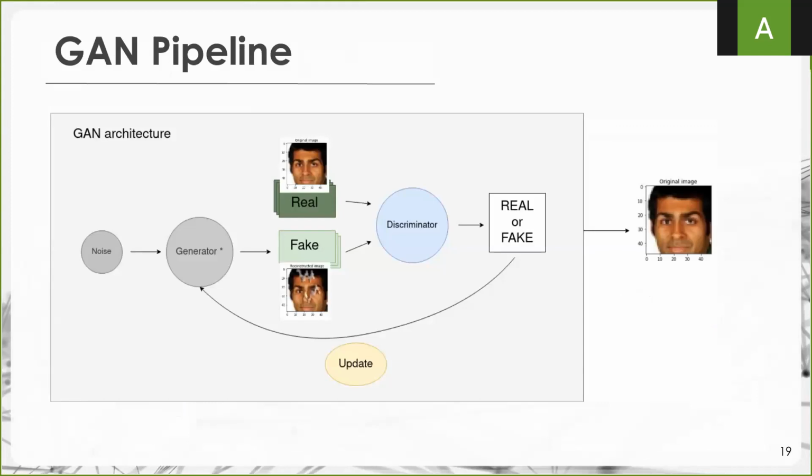Okay, in order to improve our model, we decided to use a more complex architecture, GANs, as I said previously. Here is the GAN pipeline.